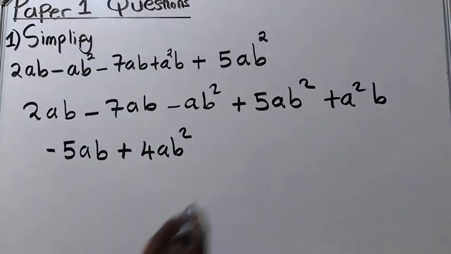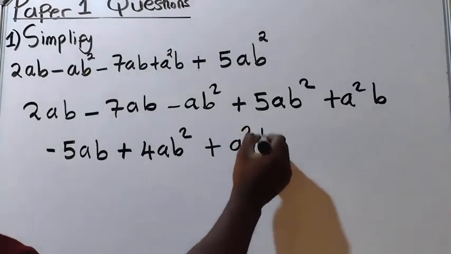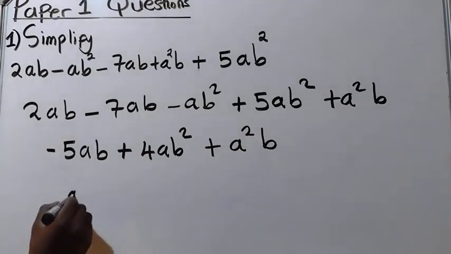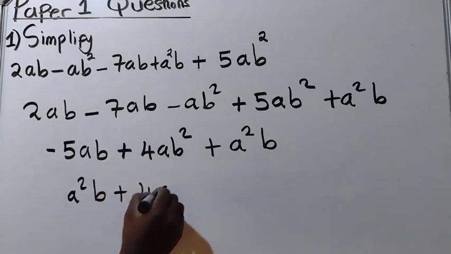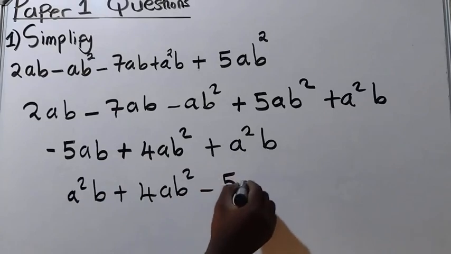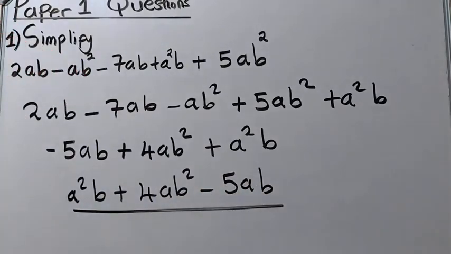All right, then just write that one the way it is, plus a squared b. So let's just try to rearrange, okay? So once we rearrange, we can start with that a squared b plus 4ab squared minus 5ab. So this is our final answer.